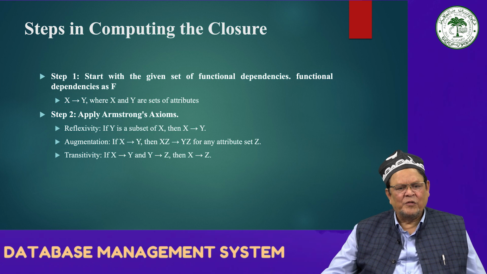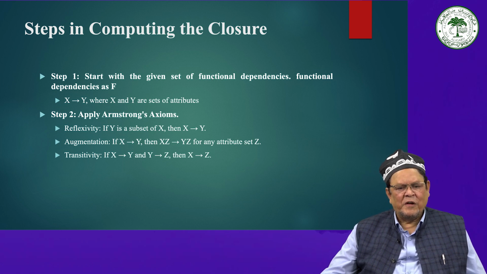Reflexivity: if Y is a subset of X, then X determines Y. Augmentation: if X determines Y, then XZ determines YZ for any set of attributes Z. Transitivity: if X determines Y and Y determines Z, then X determines Z.